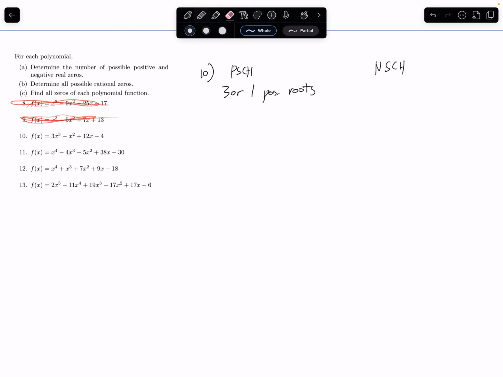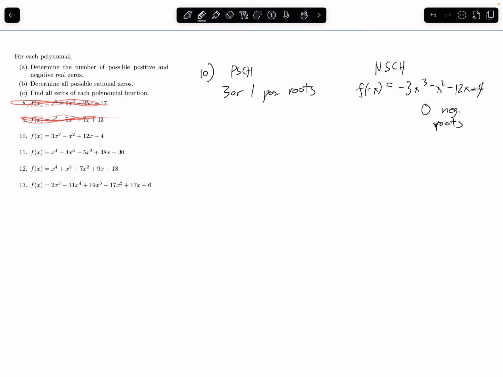Okay, what about the negative ones? If I do f of negative x, that's going to be negative 3x cubed minus x squared minus 12x minus 4. So the signs are all the same. That means there are 0 negative roots, which saves me looking for negative roots. I'm going to go straight to looking for positive roots. Now what are the possible rational roots?